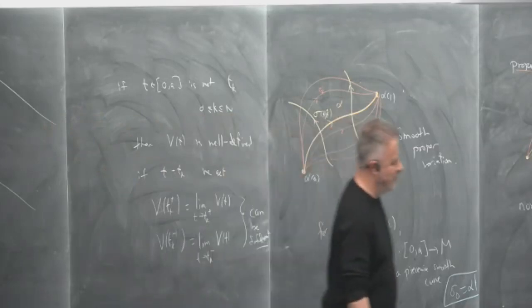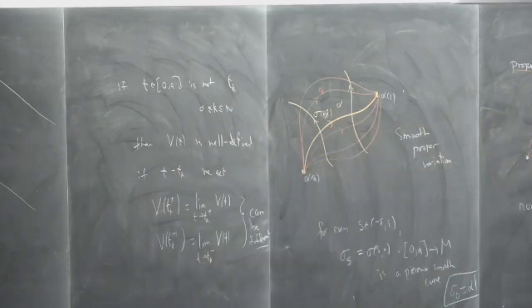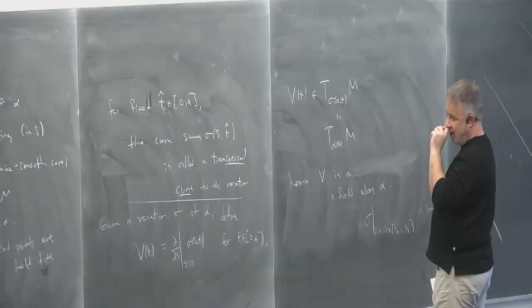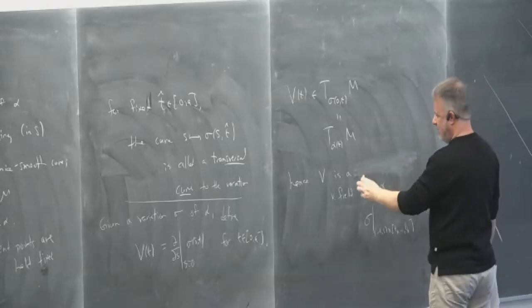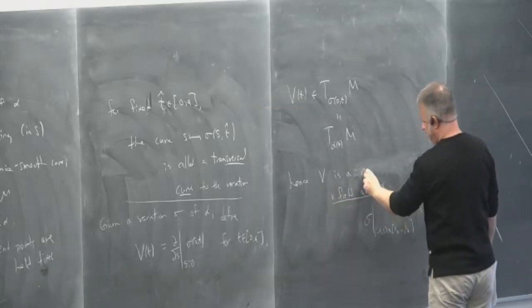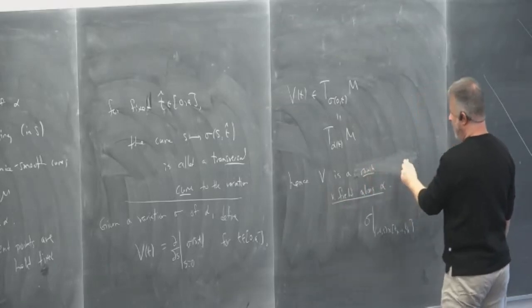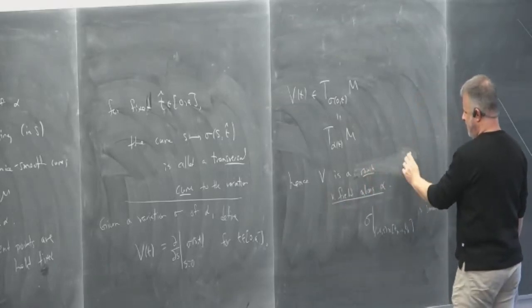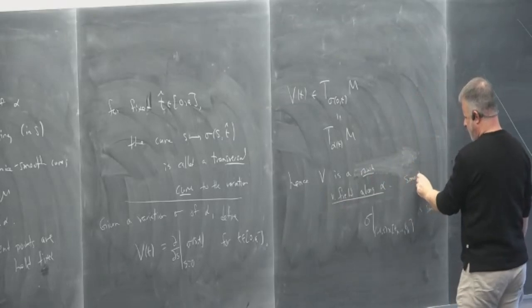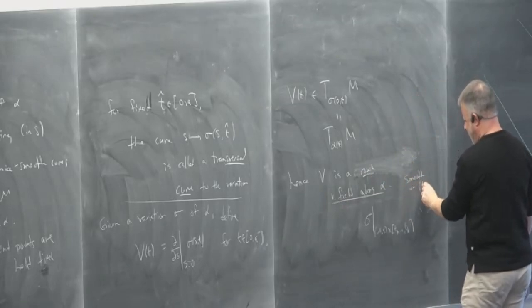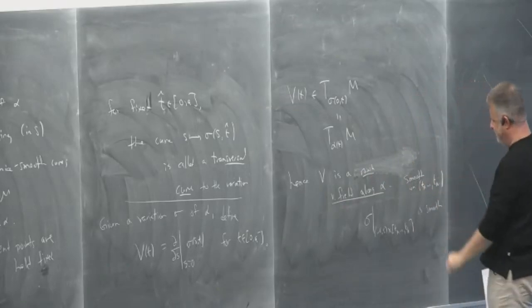Sorry, so I see what you're saying. You're not saying it's differentiable in the two variables. You're only saying it's kind of continuous in the first variable. That's right. It's not even continuous in t, right? So V is a vector field along gamma, let's say a rough vector field along gamma, and it's smooth on the open intervals t_{k-1}, t_k, right?